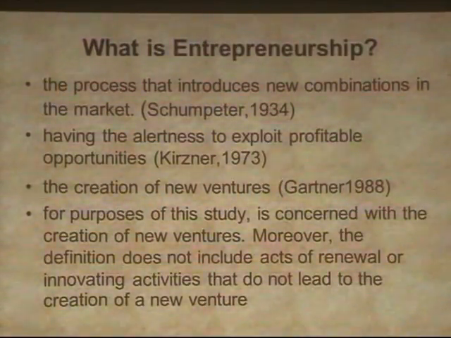Kirzner, after that, said entrepreneurship is having the alertness to exploit profitable opportunities. And Gartner, the creation of new ventures. In my study, I am concerned with the creation of new ventures.